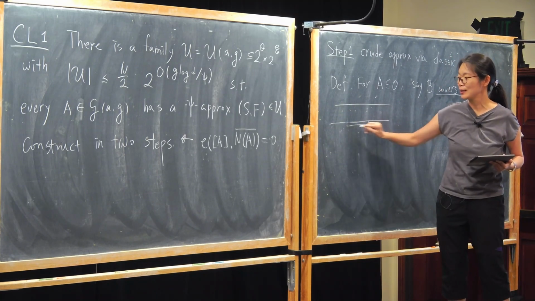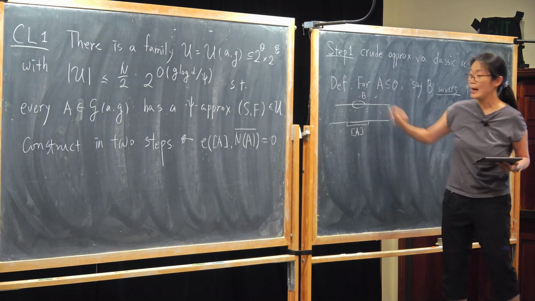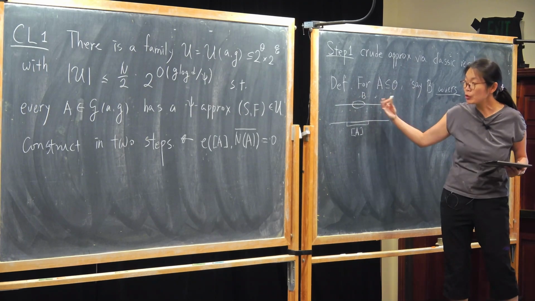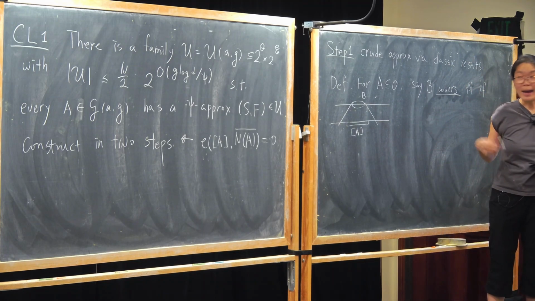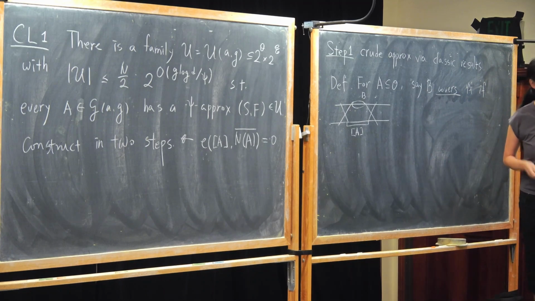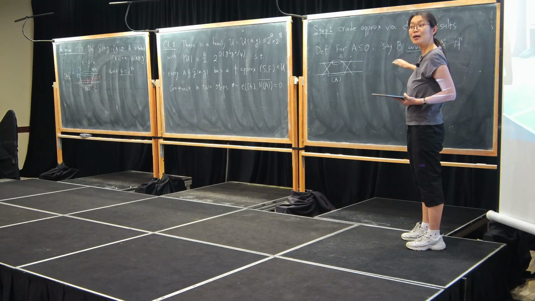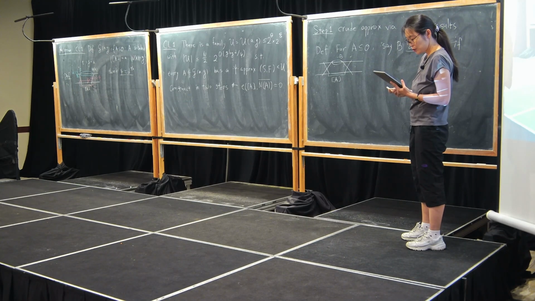This is the closure of A, and then B is here. And the property is the neighborhood of B contains the closure of A, and the neighborhood of the closure of A contains B. So this is the definition of a cover. Is that okay?